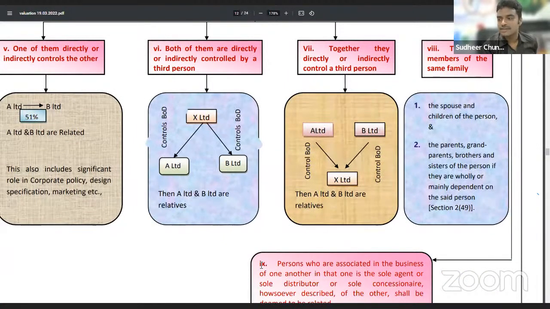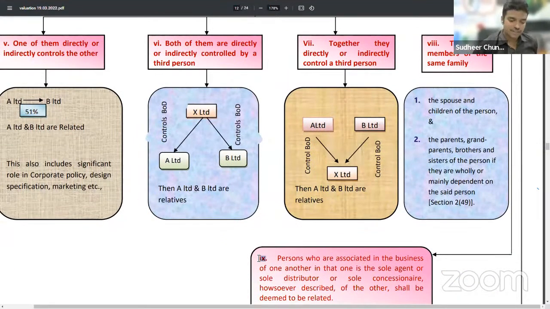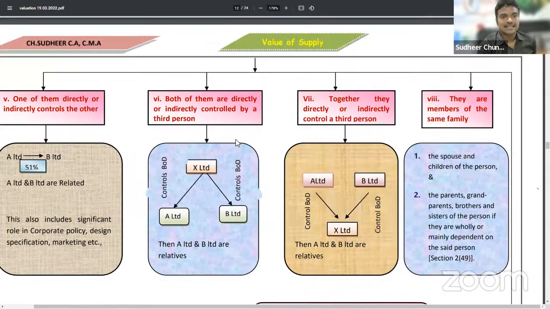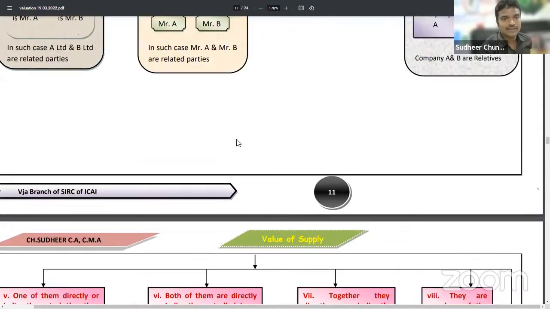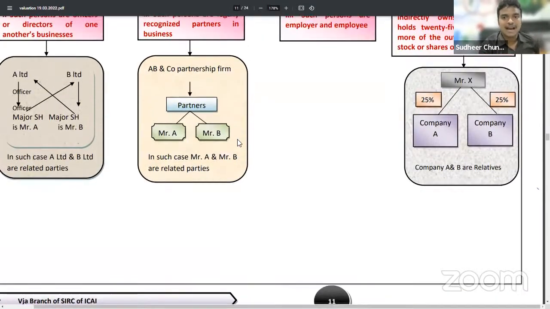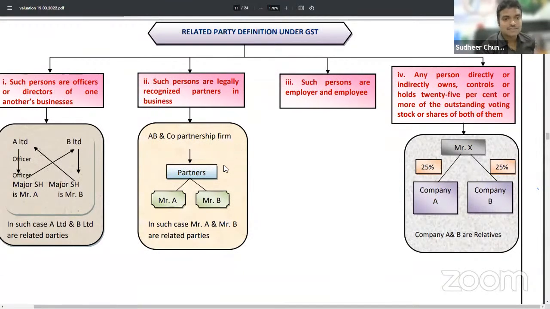The related party definition is in a completely different manner. Let us see one by one, because if it was sold to a relative, then we have to go for the valuation rule. So first of all, what do we mean by the term relative?